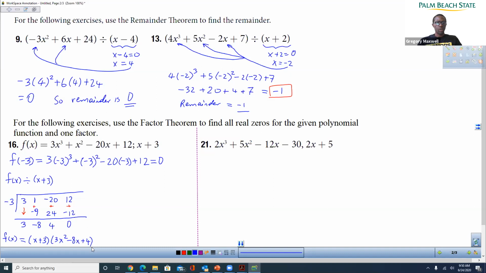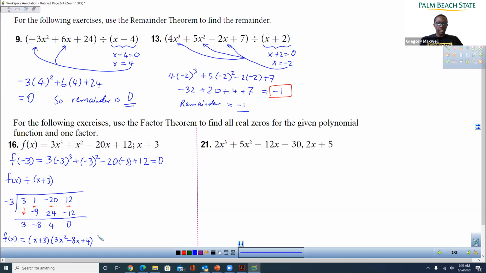No questions. So the only thing we have to do now is factor this remaining expression, and we can factor this. You can check by doing the discriminant, and 64 minus 48 is 16, and that is factorable.